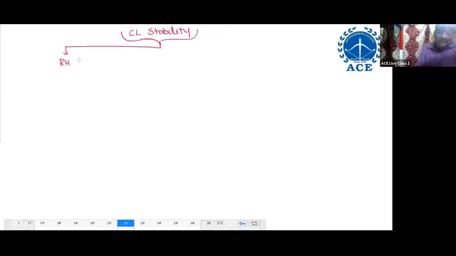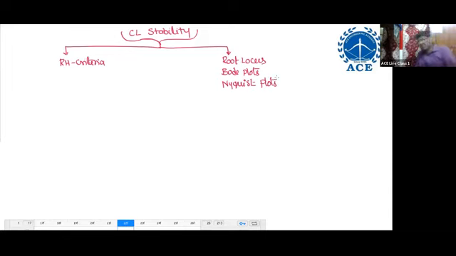RH criteria, root locus, Bode plots, and Nyquist plots. Polar plots are also included in Nyquist only. All these 4 techniques are to find closed loop system stability only.